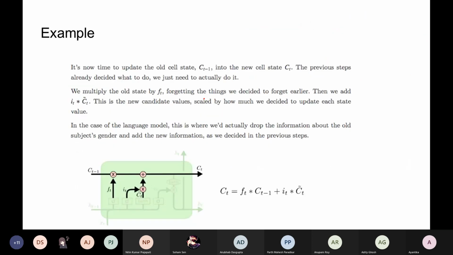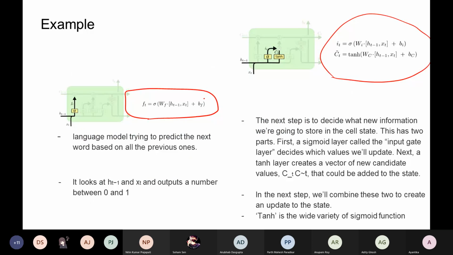Okay, so in an LSTM, it is basically acting as a memory. Why do we call it a memory? Because when you control it with the sigmoid function, you are allowing it to forget some part of your previous output.